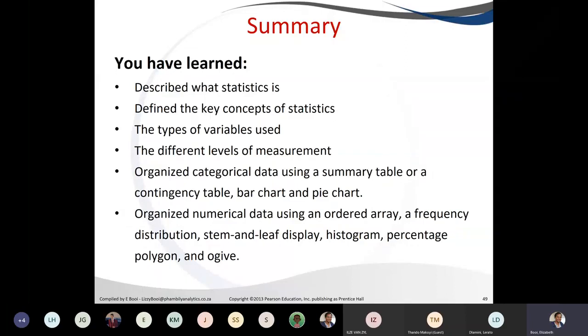And we also looked at how we organize categorical data in terms of summary tables, pie chart, and bar chart, and how we organize and visualize numerical variables by using ordered arrays, frequency distributions, stem and leaf plot, a histogram, and a percentage polygon, and an OGIF. And that's all we did today.